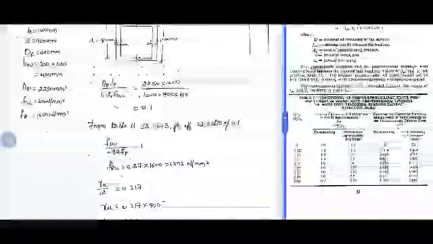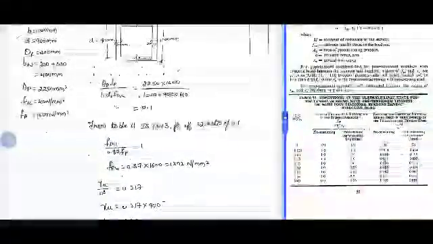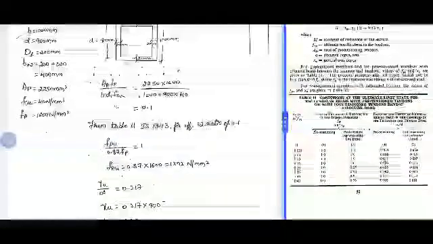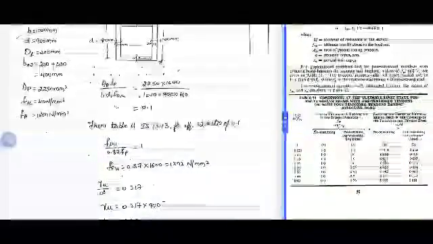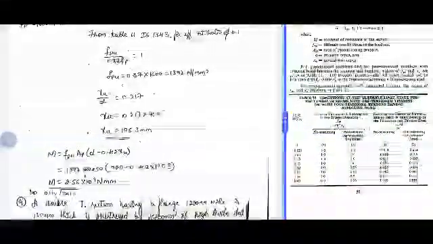Then for XU by D ratio, for 0.1, it is pre-tensioning, remember that. For 0.1 we have 0.217. So on simplifying, XU value is 195.3 mm. So here it is less than thickness of the flange, because the thickness of the flange is 200 mm and XU is 195.3.